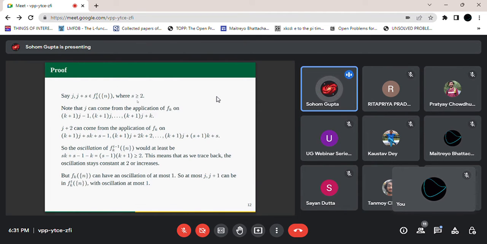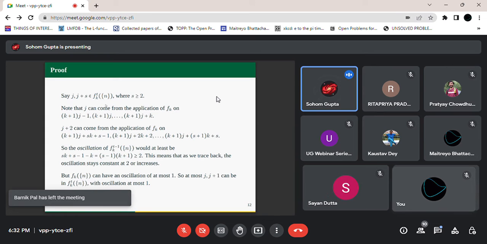And why do I say greater than or equal to 2? Because if j and j plus 1 were in the set, then it's kind of obvious. You already saw q and q plus 1 were in the set. So j and j plus 1 can definitely be in the set. So I'm considering j and j plus s, where s is greater than or equal to 2.